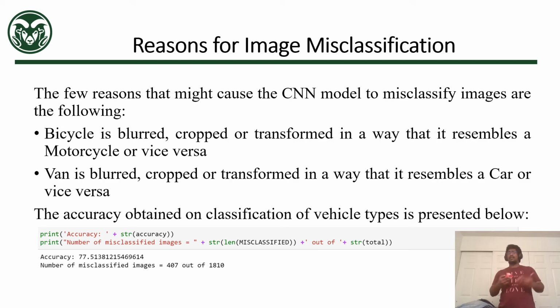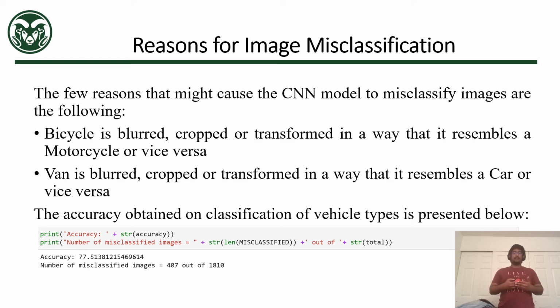Or a van is blurred, cropped, or transformed in a way that it resembles a car, or vice versa, so that the computer system views a car or a van as a van or a car. These are the two reasons that I observed while doing my project.